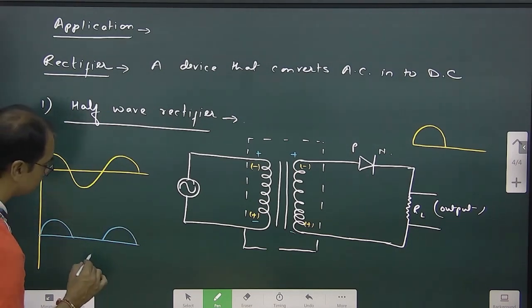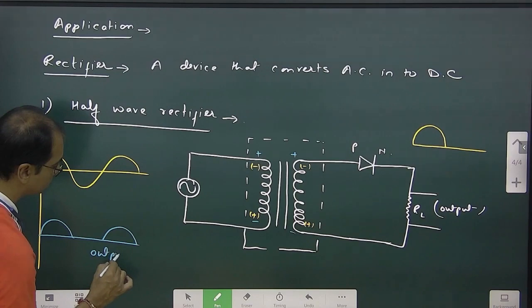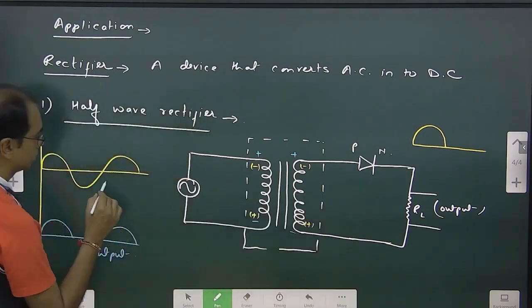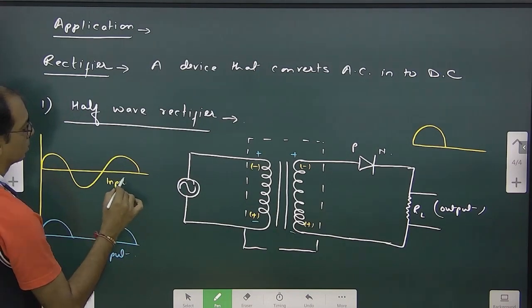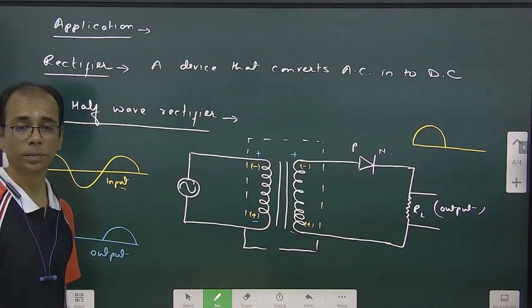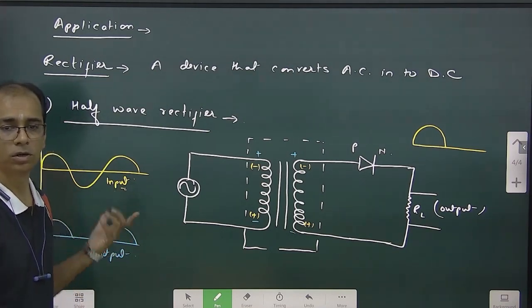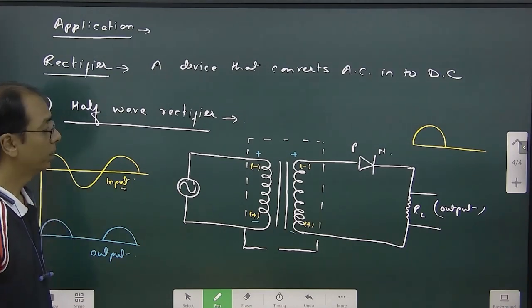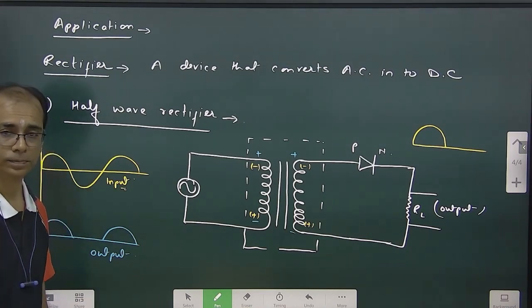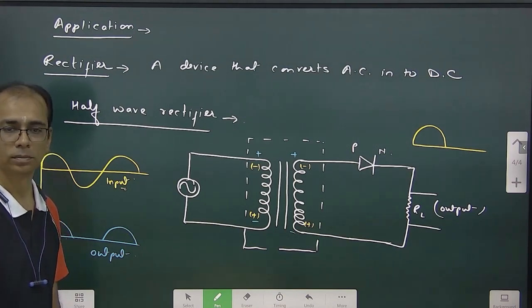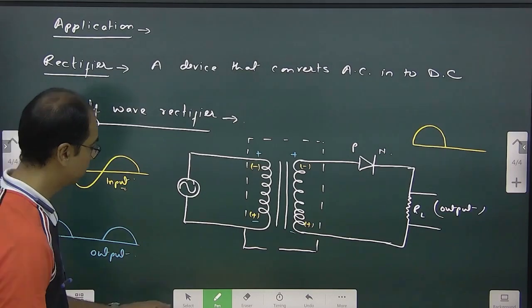And that is the input, and this part is missing. Because of this, efficiency decreases. This much energy is gone. So you say, why not make it a full wave rectifier? We can make a full wave rectifier also. So let's see what it is.